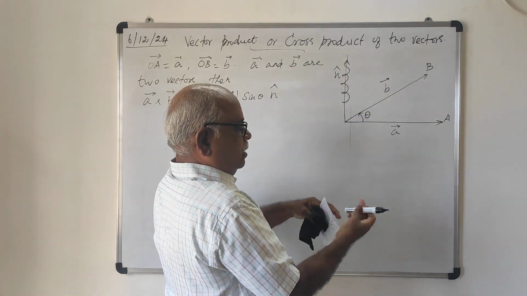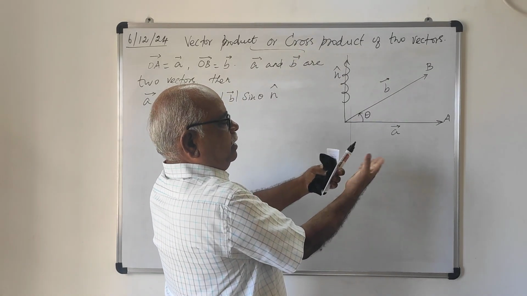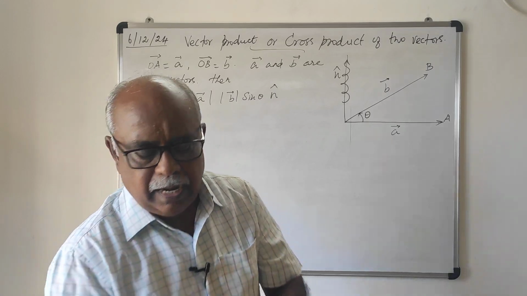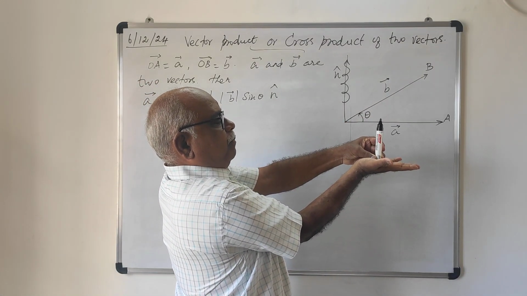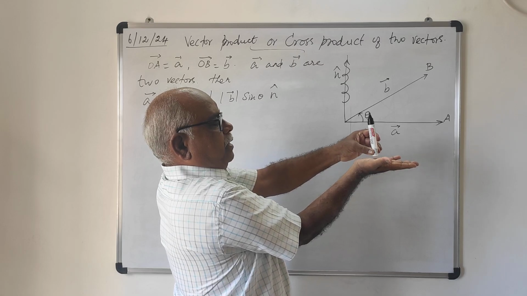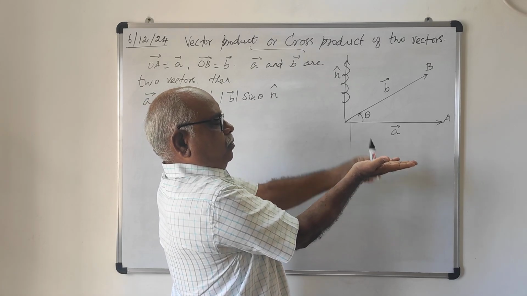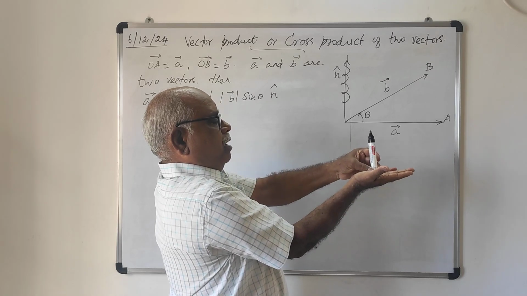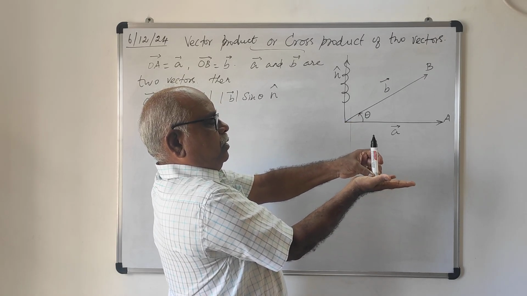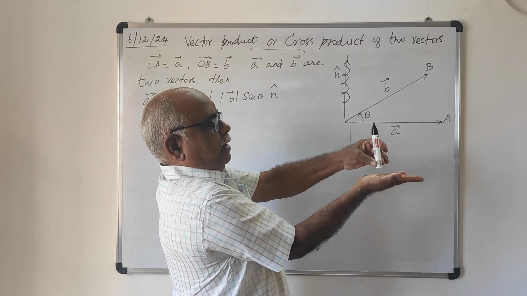Suppose A and B are acting in the plane, then n cap is a unit vector acting perpendicular to both A and B. And minus n cap is also perpendicular, in the downward direction it is minus n cap, upward it is n cap. So A cross B is acting perpendicular to the plane.